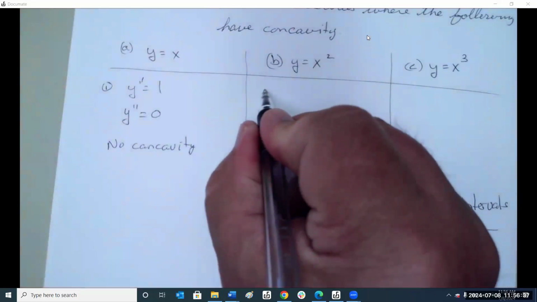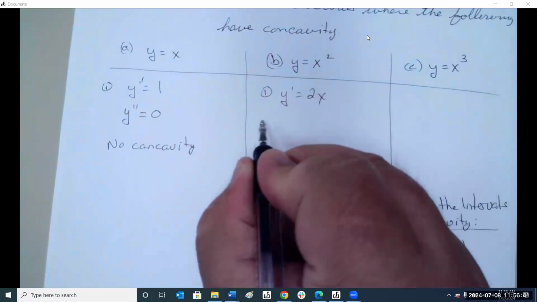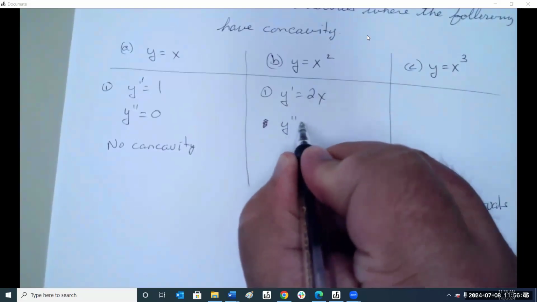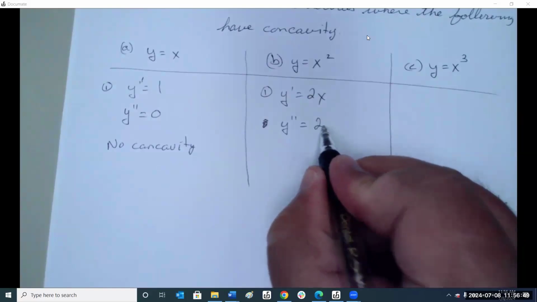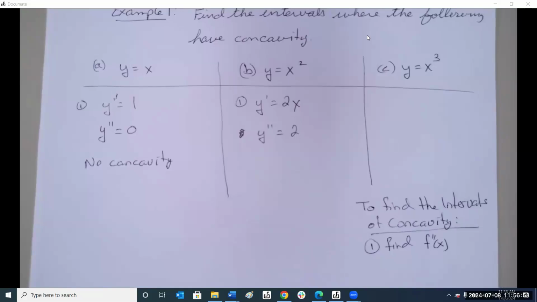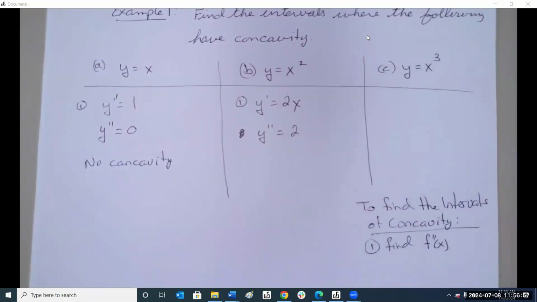How about the second one? So it's 2x. And the second derivative is 2. So since the second derivative is a constant, what does that mean?